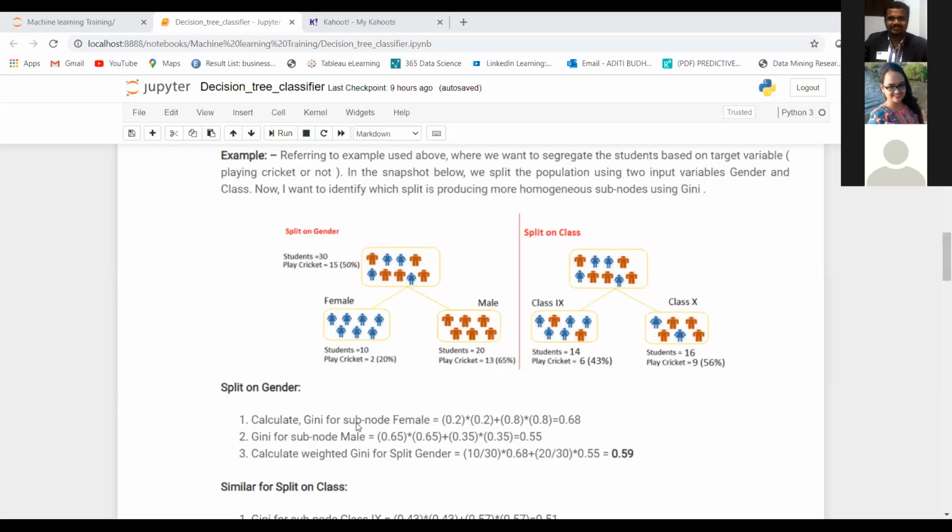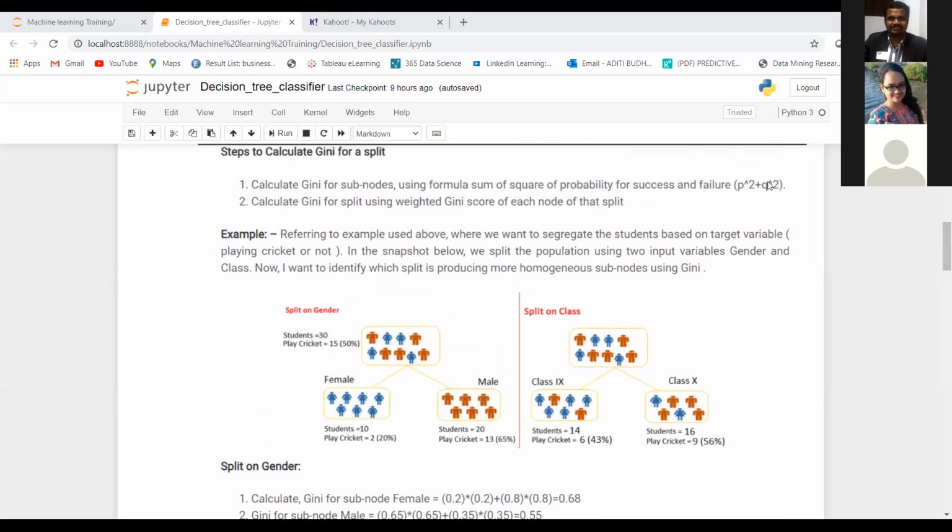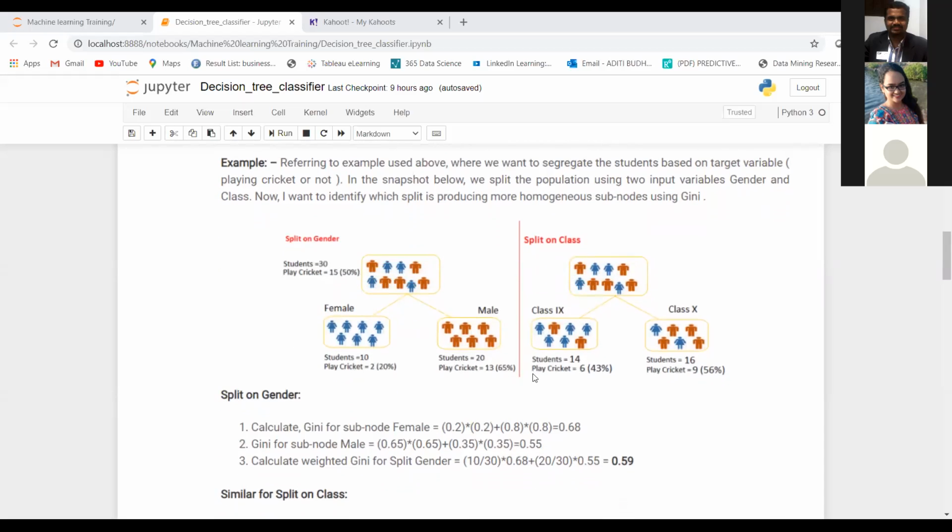Let us concentrate first on the female subnode. Here we will apply the formula p square plus q square. What is the probability of females playing cricket? It is 0.2, that is 20%, because out of 10 females, two play cricket, so 2 upon 10 is 0.2.